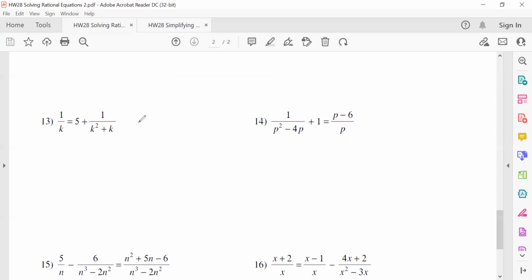So this part actually we can say 5 plus, here is k times k plus 1, right? So the least common denominator is k times k plus 1. This is the LCD. So both sides times the LCD first, right? All right.